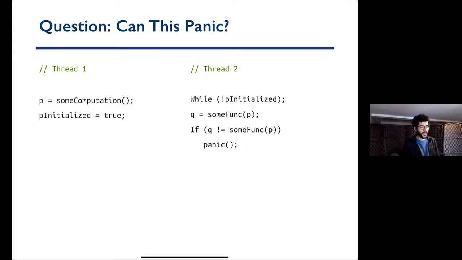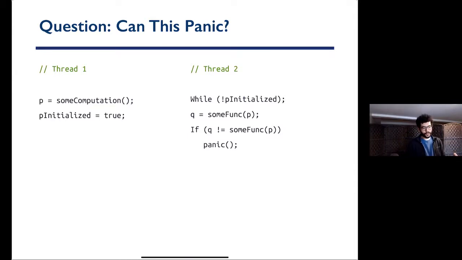And the answer is, it depends. If this code executes in the same order that you have written it, then it won't panic, because P initialized becomes true only after P is indeed initialized. However, if at runtime or at compile time, the instructions are reordered, there is no guarantee that this code doesn't panic.